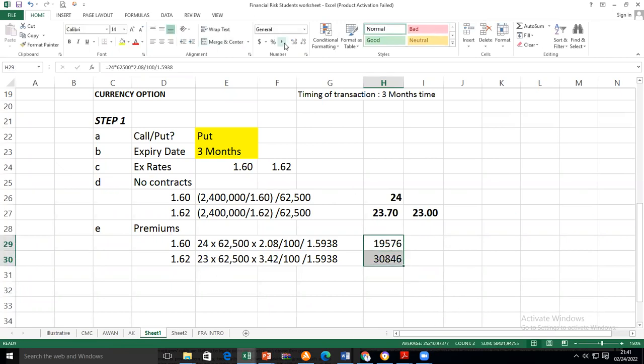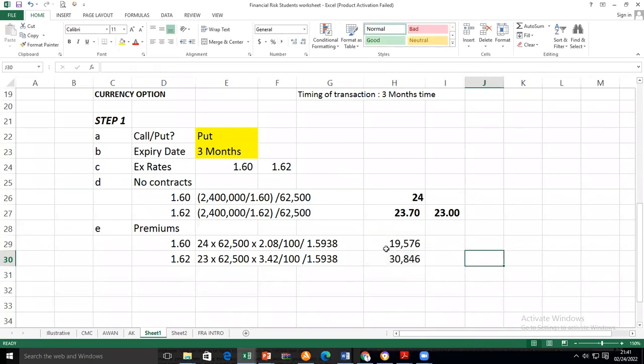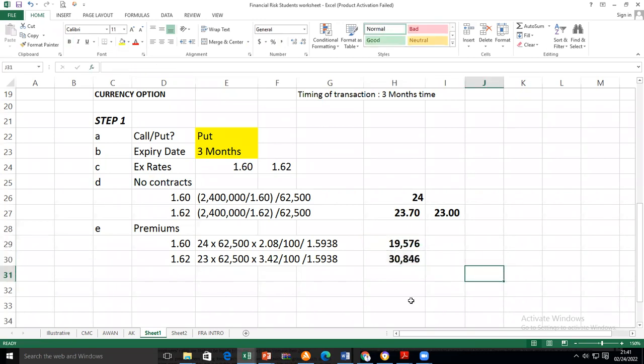Are we happy with it? So, as I said earlier on, every marker will want to check whether you know how to get the premium. The premium is a very important computation here.